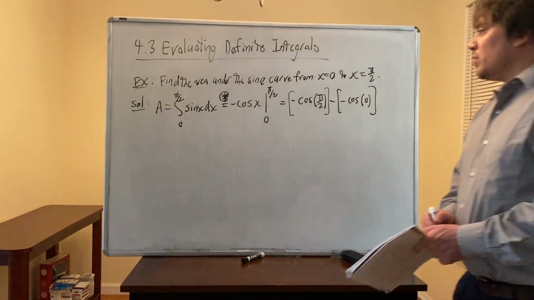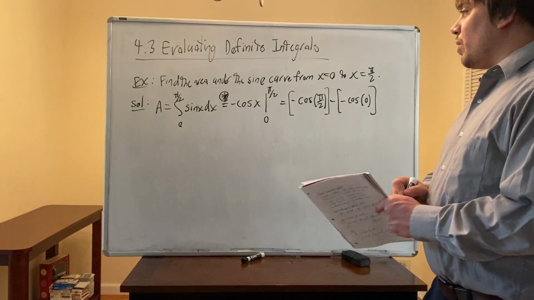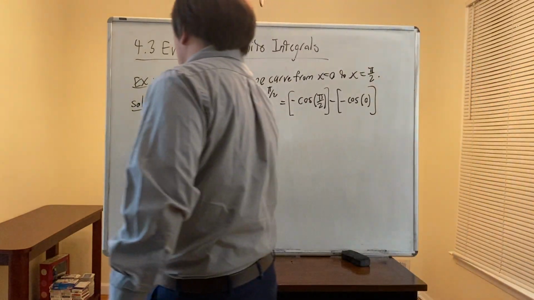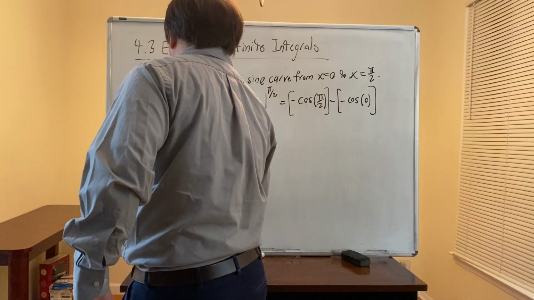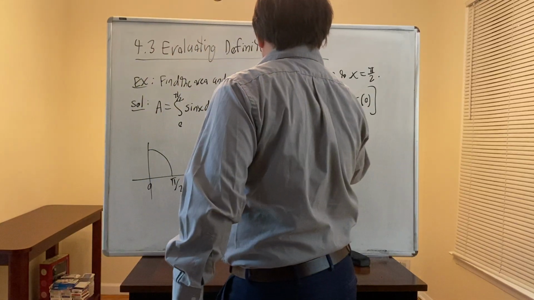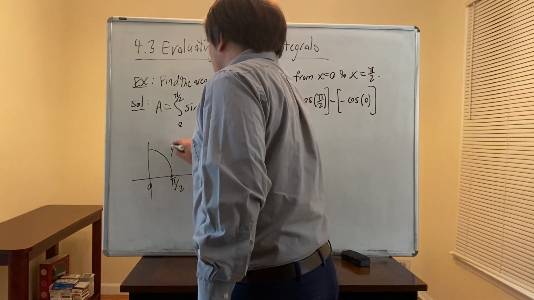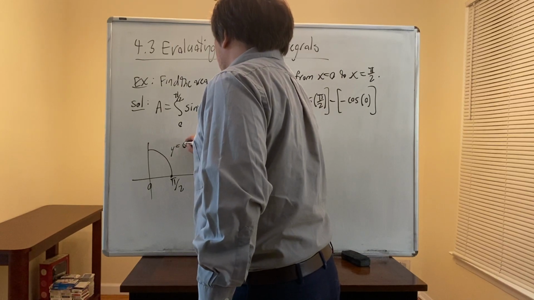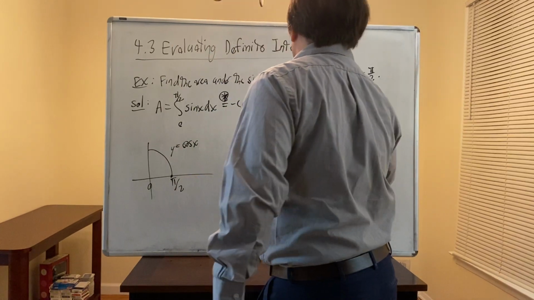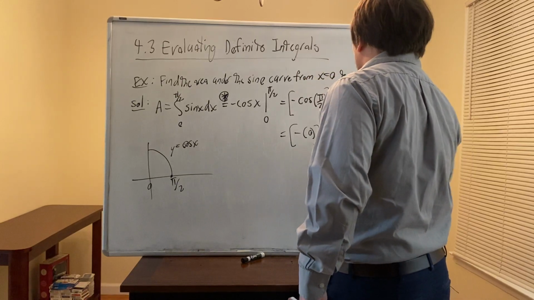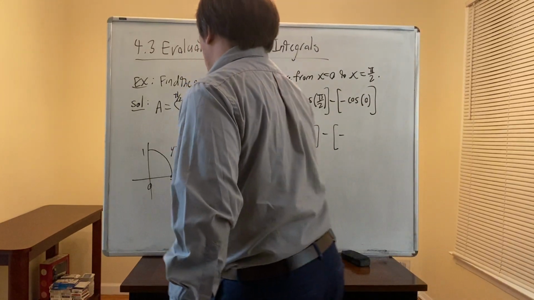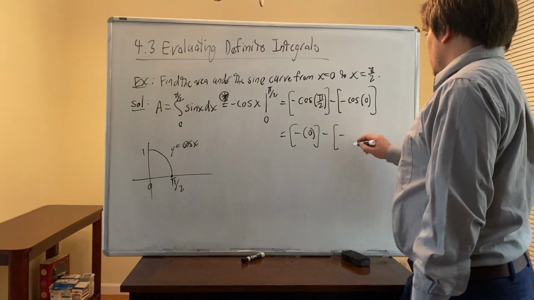Okay, well, what's cosine of pi over 2? It's 0. And if you look at the cosine graph, this is the graph of cosine from 0 to pi over 2. When x is pi over 2, the value of cosine x is 0. This is equal to negative 0 minus negative, and cosine of 0 is 1.